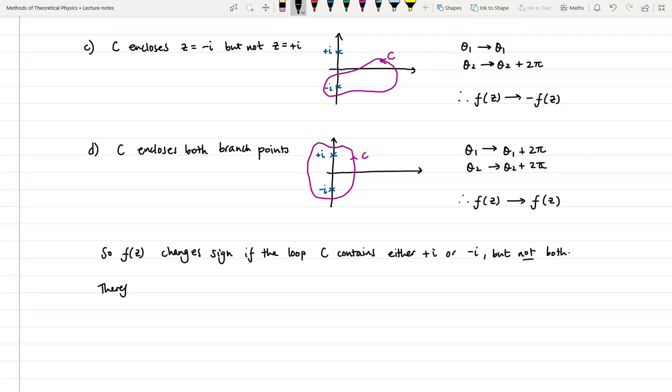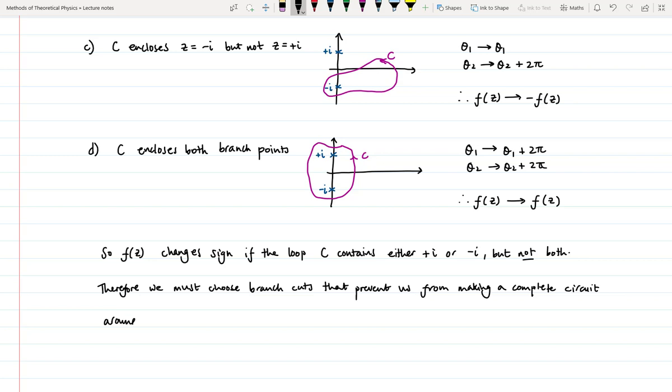Therefore, we must choose branch cuts that prevent us from making a complete loop or a complete circuit around either one of the branch points.